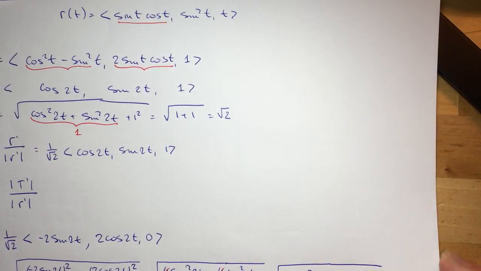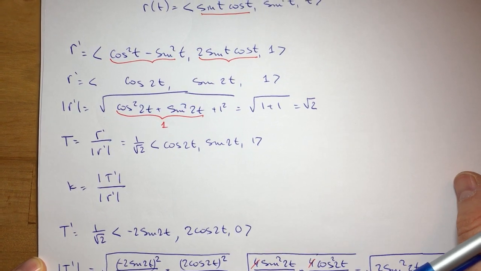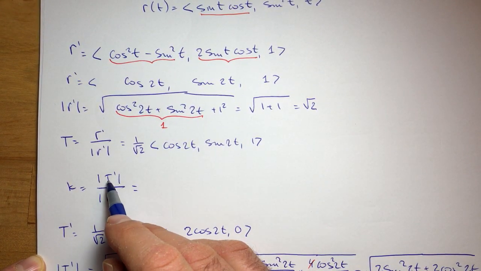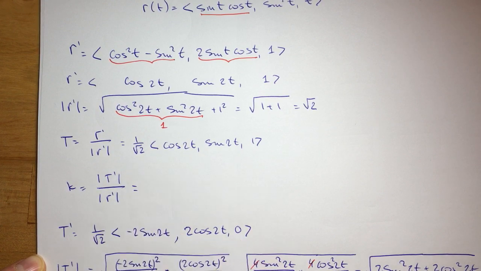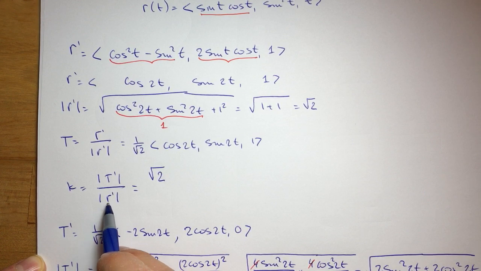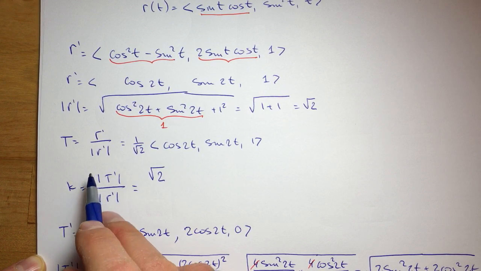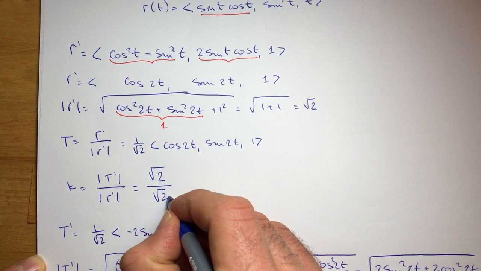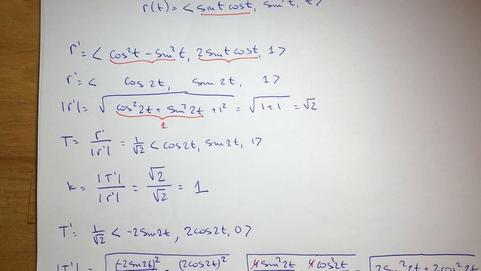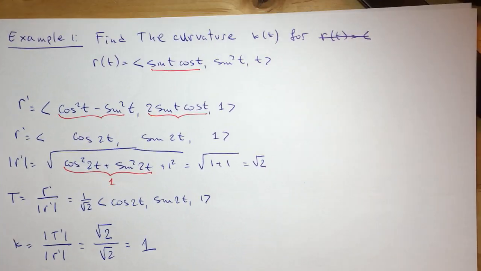Once I have that, I come back here to the definition of the curvature, and the magnitude of the derivative of the unit tangent vector we just evaluated was square root of 2. Magnitude of the derivative of the vector is square root of 2. So in this case, the curvature is constant 1 for any point on this curve.